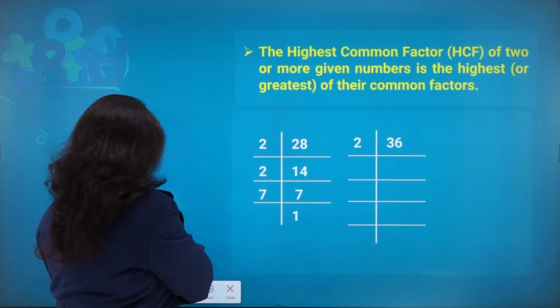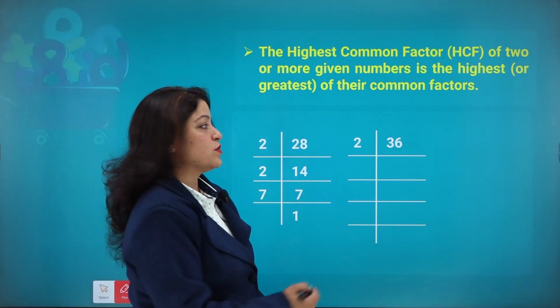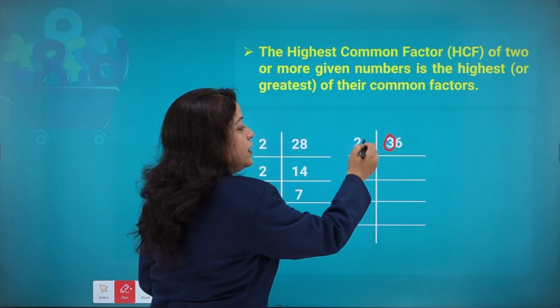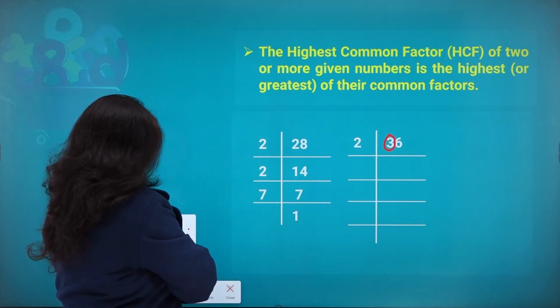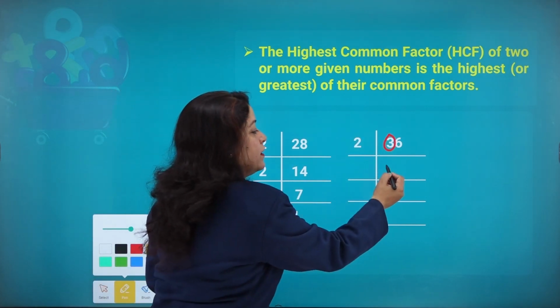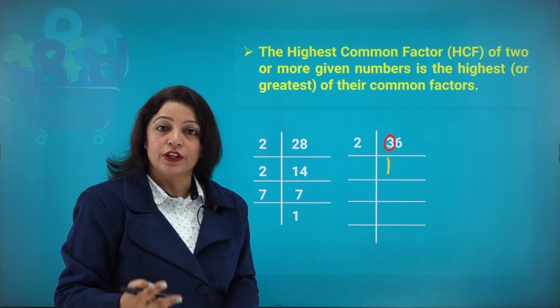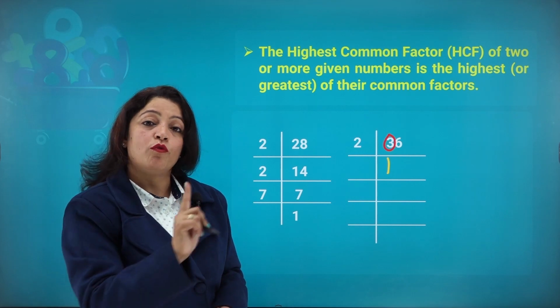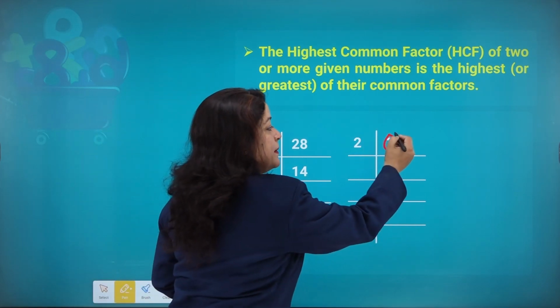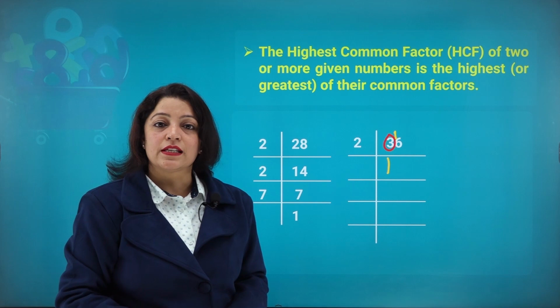Let's see here. When we start with the division, see, if I divide 3 by 2, what will I get here? I'll get the result as 1, right? 2 ones are 2, but we wanted 3, so we want one more. One more will go as a carry over to the number 6 and it becomes 16.